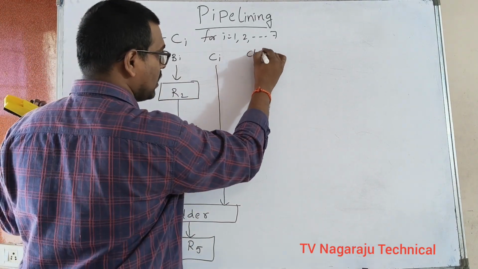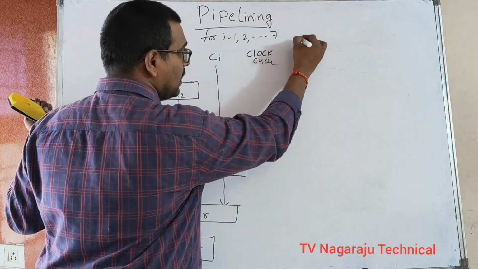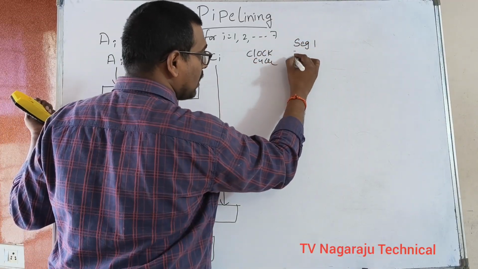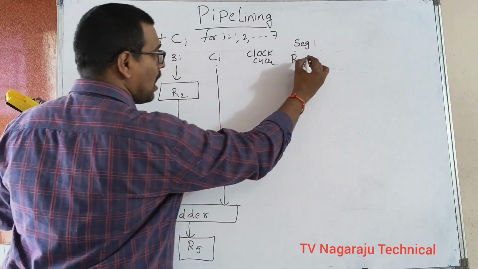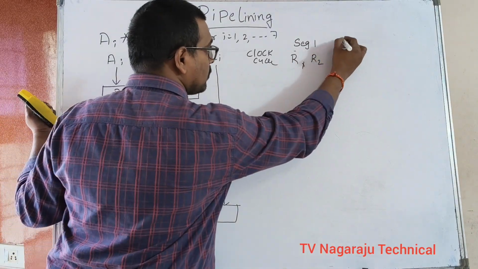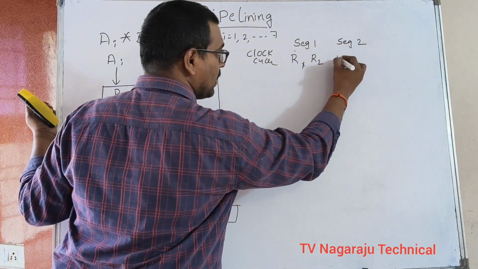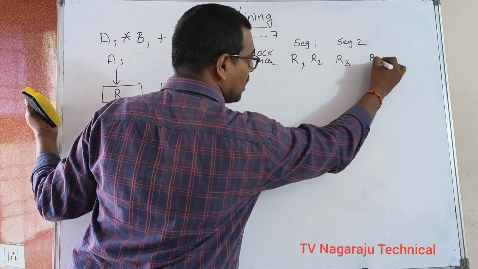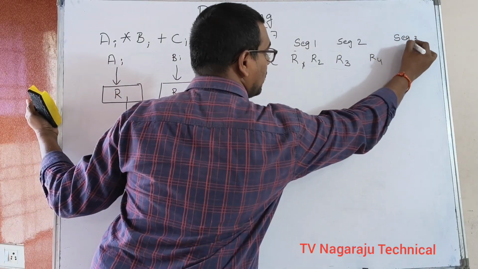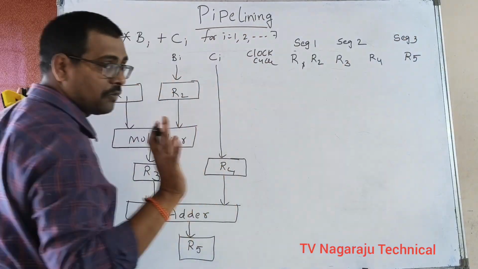Understand clearly. Segment 1 contains registers R1 and R2. Segment 2 contains registers R3, R4, and segment 3 contains register R5.